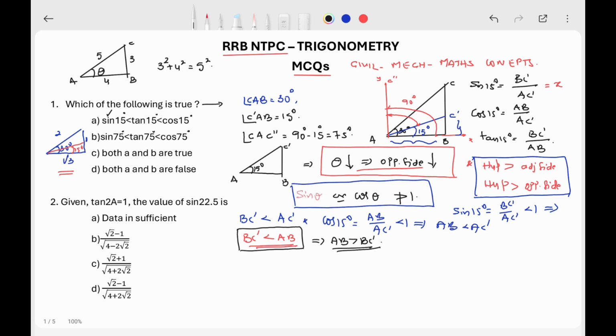When AB is greater than BC dash, what happens? Sin 15 by cos 15, just see what happens.